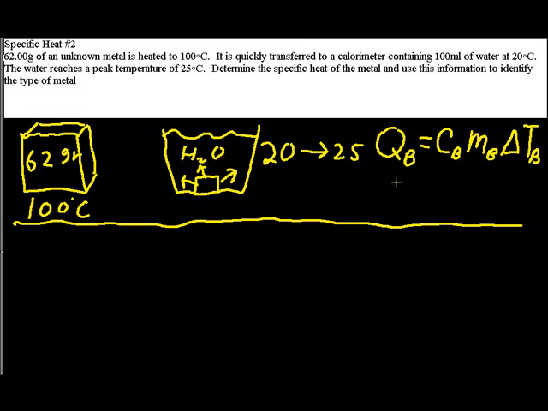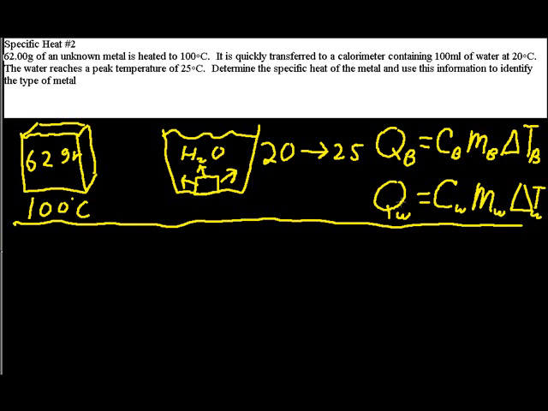So what we're actually going to start with is we're going to say the amount of heat that was moved into the water is equal to the specific heat of the water, the mass of the water, and how much the temperature changed in the water.